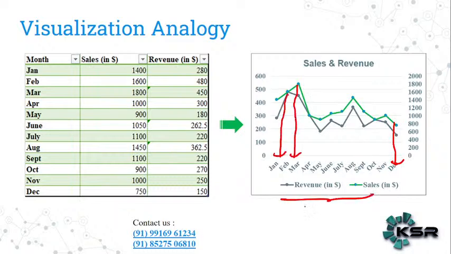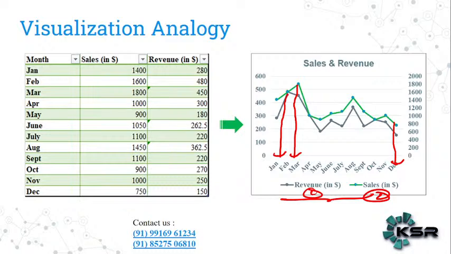So basically I'm taking two lines, one for revenue, one for sales. In this, I'm trying to see where there is a maximum in the line and where is the minimum in the line. Now I was able to answer this question. March was the highest sales, February was the highest revenue, December was the lowest for both revenue and sales.